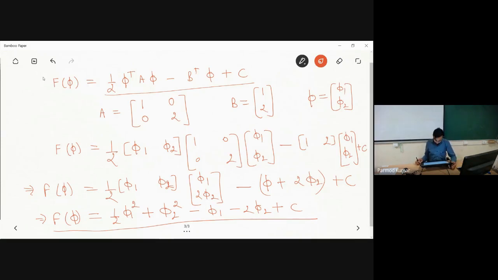Okay. Now can I write this particular equation in some specific format?